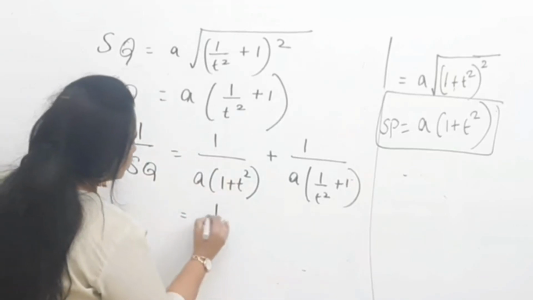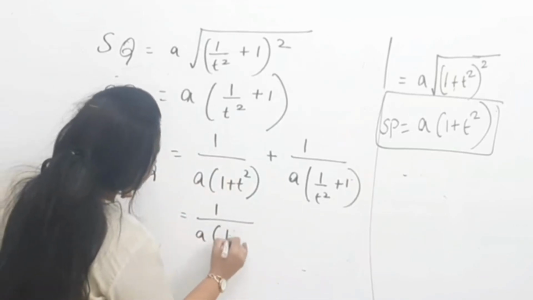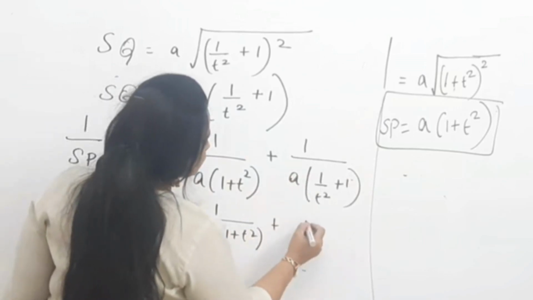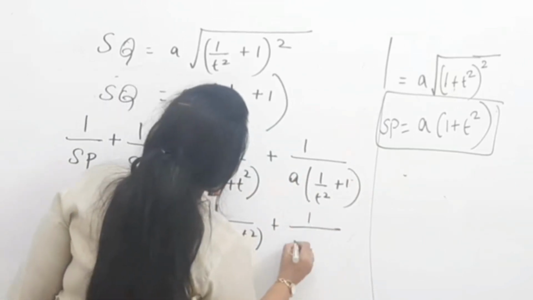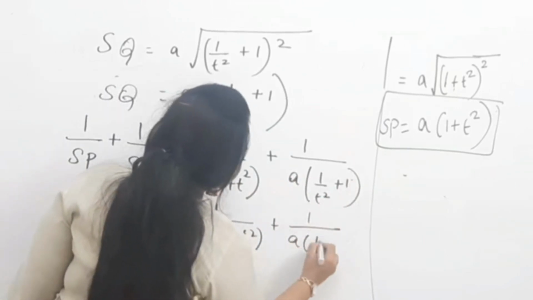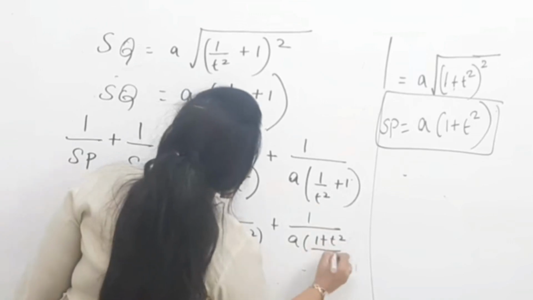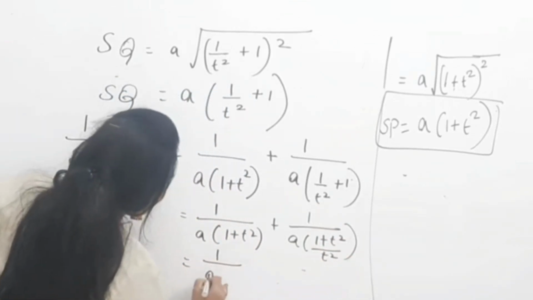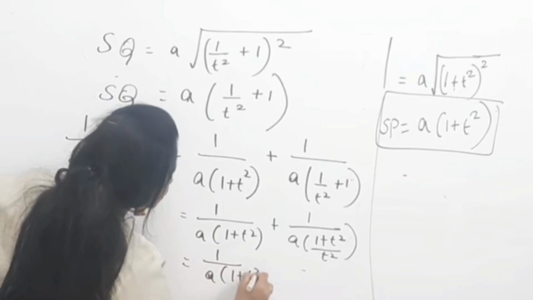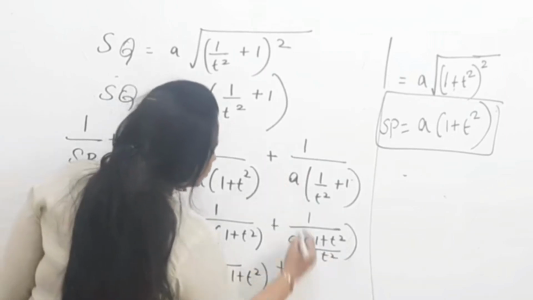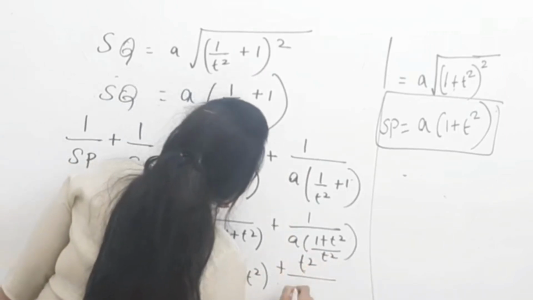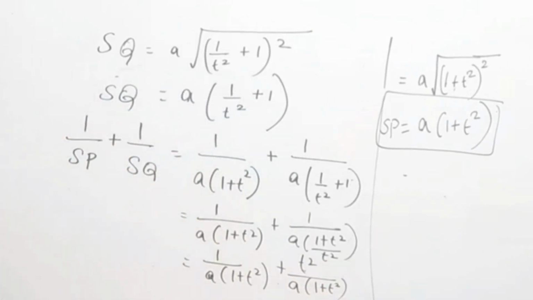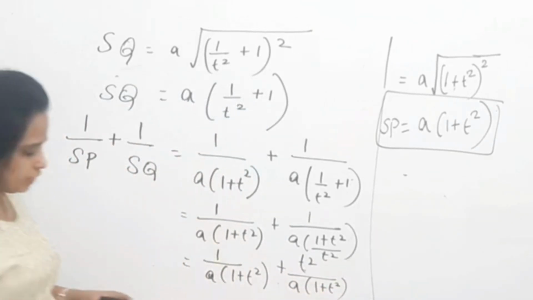I have to do some calculation here. That means 1 by a into, take the LCM, 1 plus t square divided by t square. That becomes 1 by a into 1 plus t square, plus this t square goes to the top. It becomes a into 1 plus t square in the denominator. Hope you get this expression.